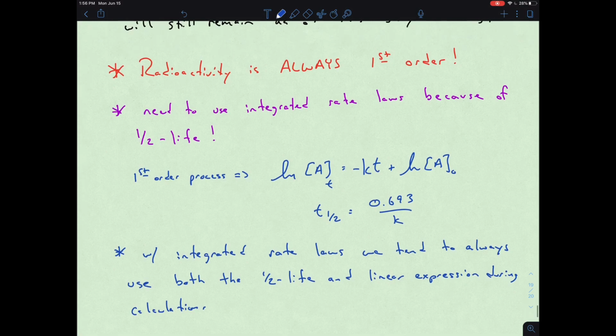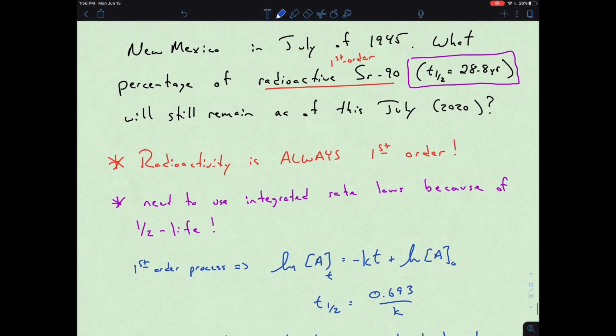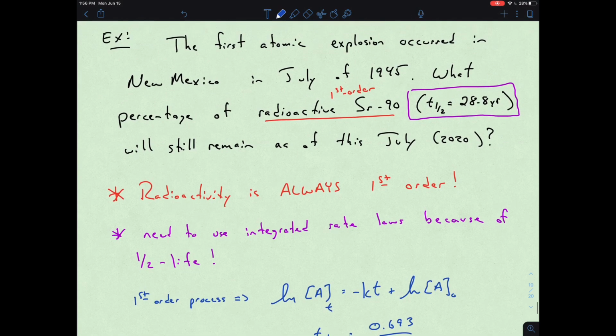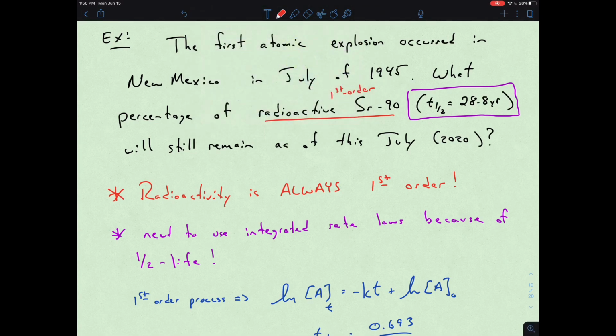So we know what we need to use. We know the equations to use, but now we've got to figure out some of the other pieces to the puzzle. One thing that they're asking us for is a percentage.